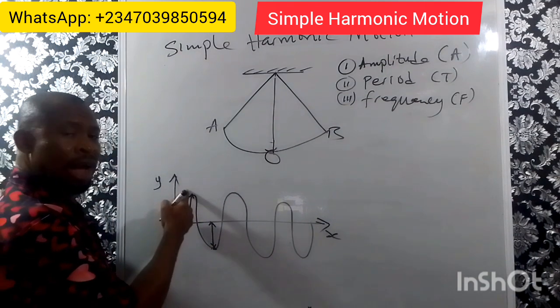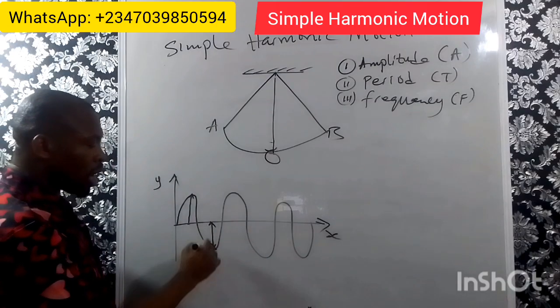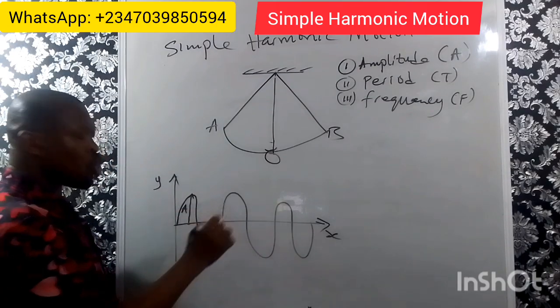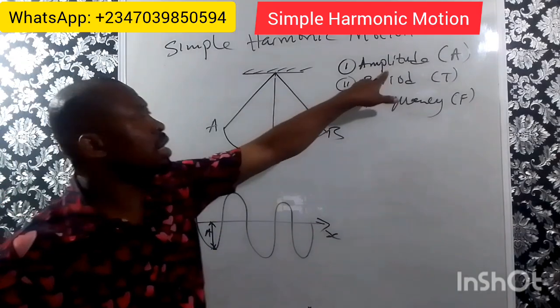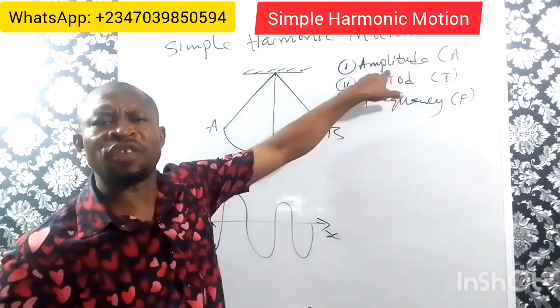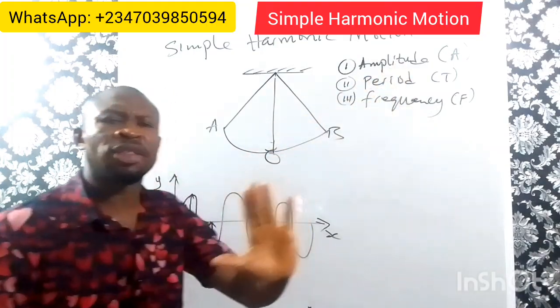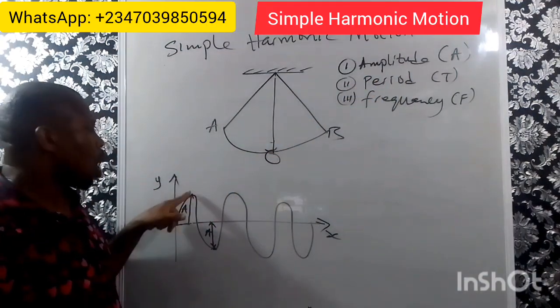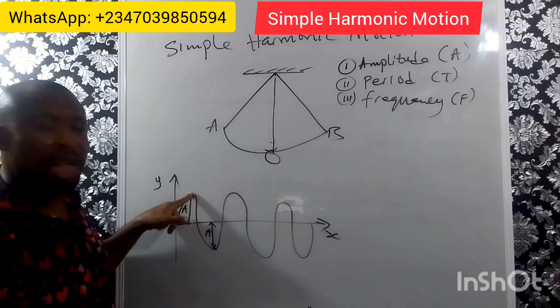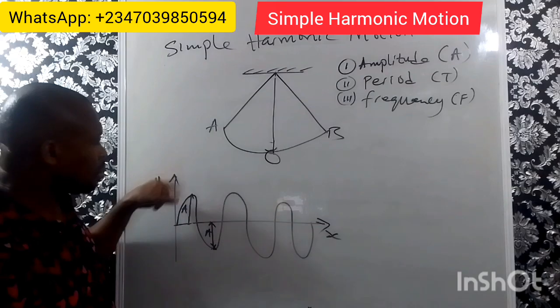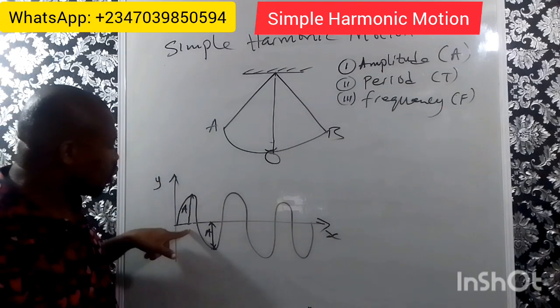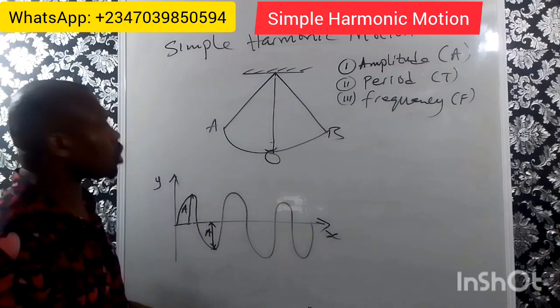By definition, the amplitude of a simple harmonic motion is nothing but the maximum displacement of a body from rest position, because this is the rest position. Maximum displacement of a particle from rest position.